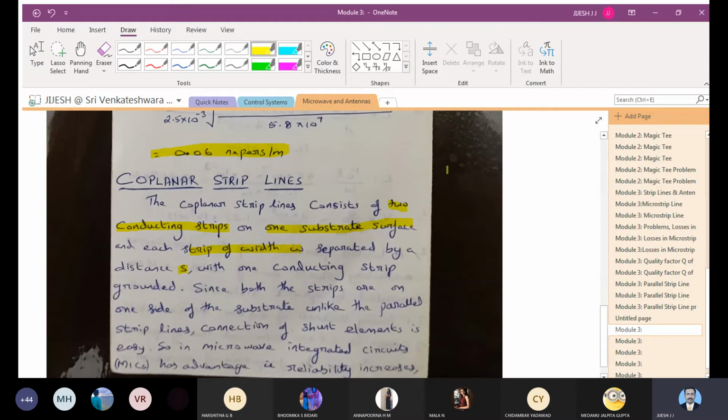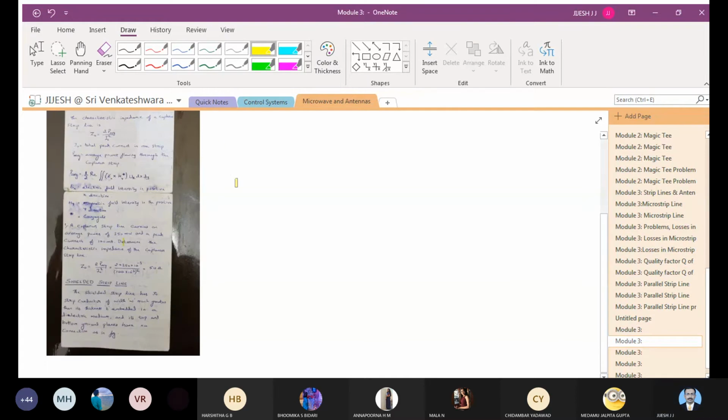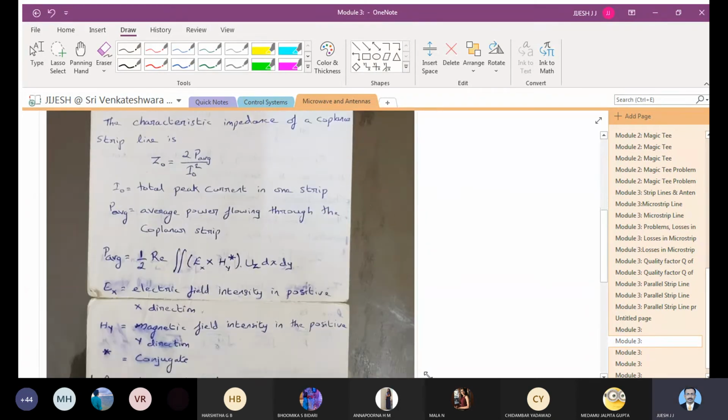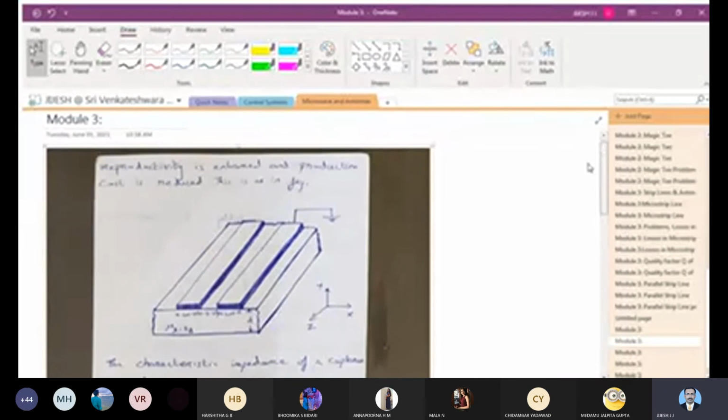Before explaining, if I show you the figure, it will be easy for you. It will look like this. Here also a few equations we will be studying further.